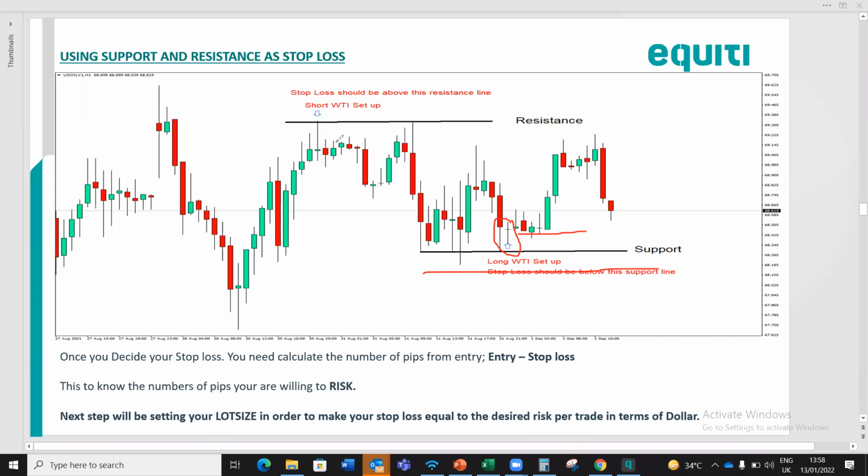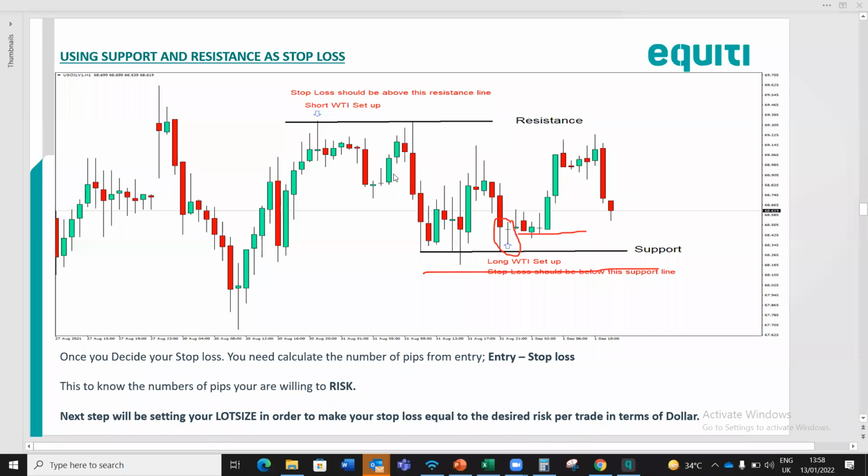Also here, if we want to short WTI because of this pin bar that we find here, we saw a sell opportunity using this pin bar.